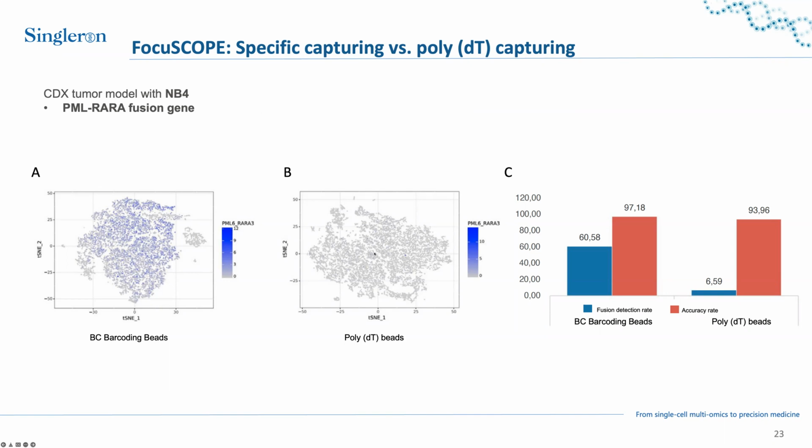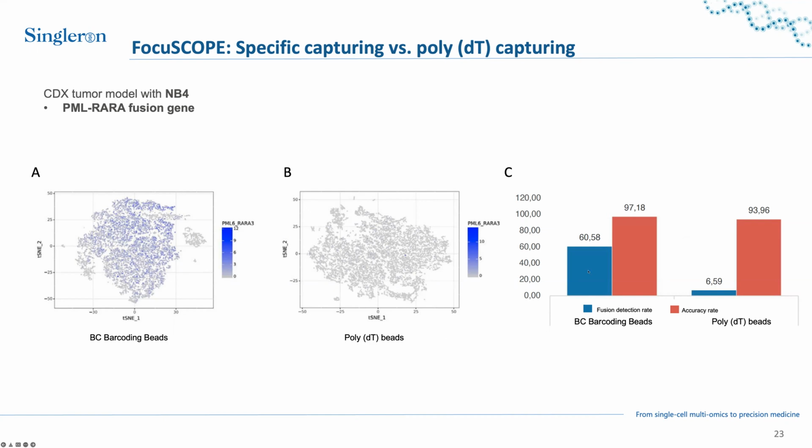You can see here the comparison between the two t-SNE plots, and at first glance you can already see that you can capture far more of these fusion genes compared to when you only use normal probes to capture the poly-A tail.